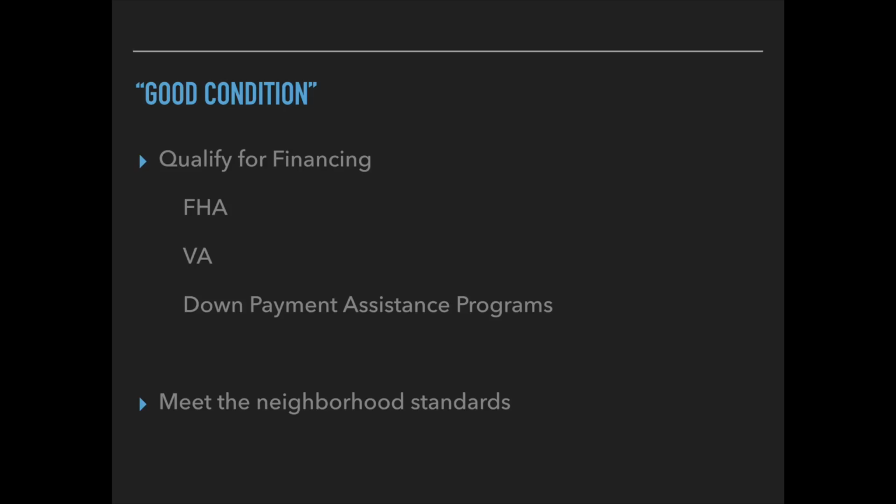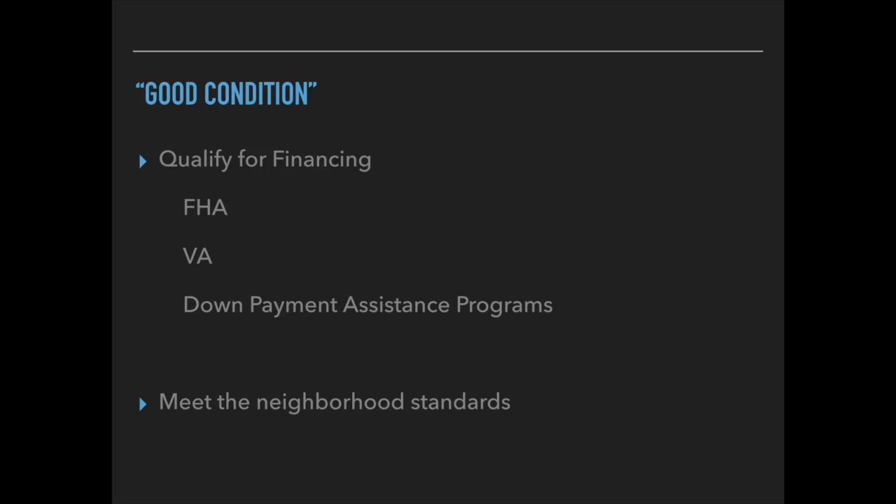Well, I know buyers looking through that area expect a home in move-in condition, that has new carpet and new paint and modern finishes or no wallpaper. So I may make repairs to bring that property to good condition to meet the neighborhood standards, even though it technically would qualify for financing at the lower level. Okay?